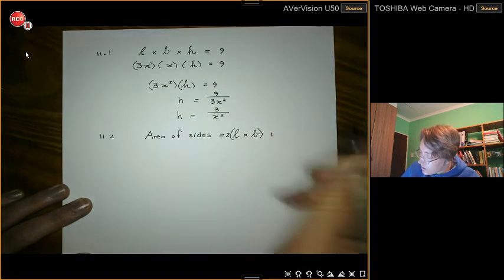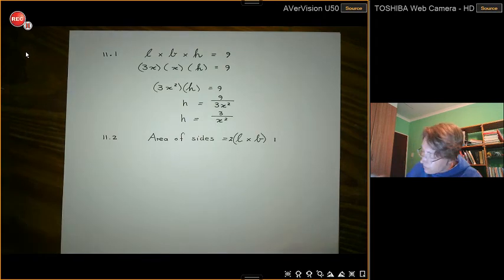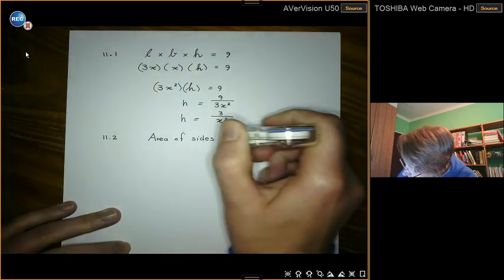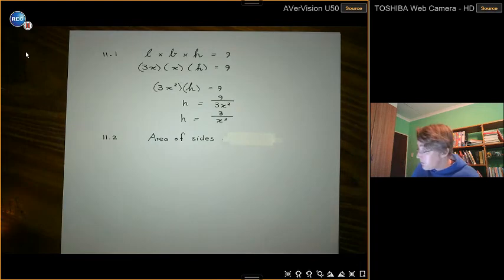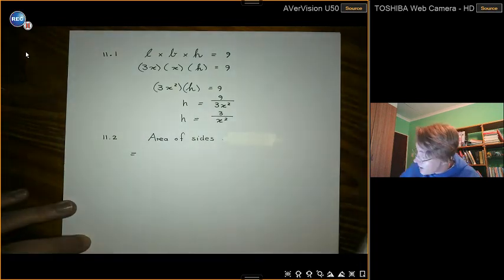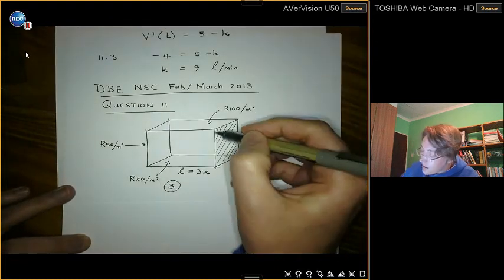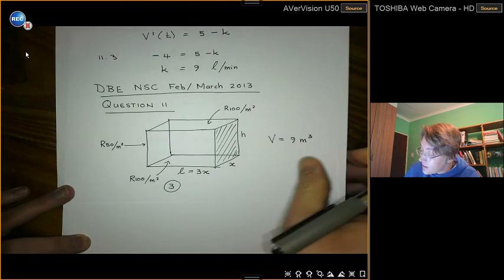Oh, sorry, that's very wrong. I apologize profusely about that, because I'm busy with the sides. I'm not busy with the top and the bottom. I'm busy with the area of the sides. Okay, so the area of the sides, this one specifically is then going to be length times height. That's the front and back, and there's going to be two of them.